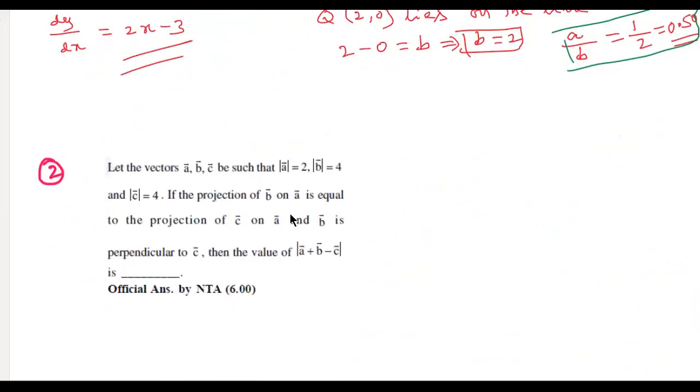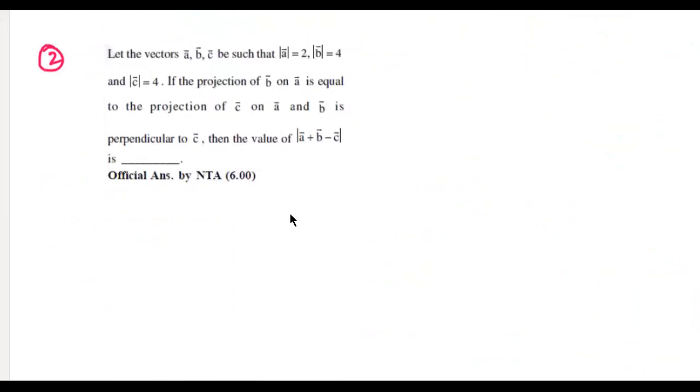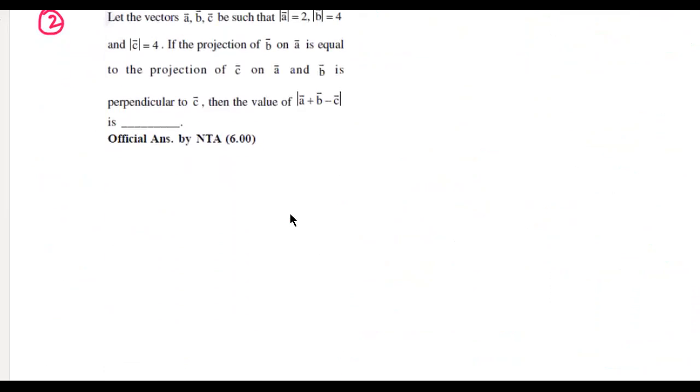Next I am going to the second question. This is a vectors related problem. Let the vectors a bar, b bar, c bar be such that mod a bar value is 2, mod b bar value is 4, and mod c bar value is 4.